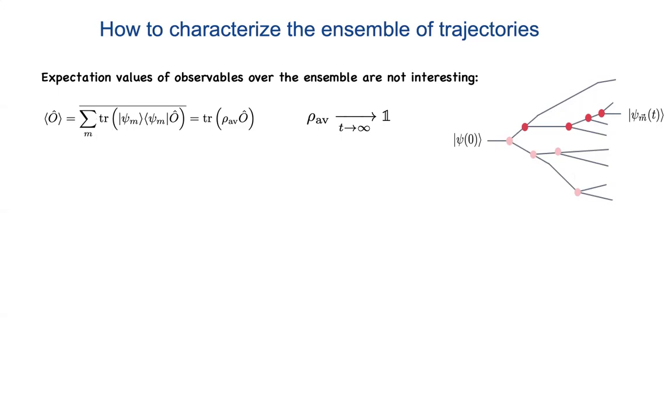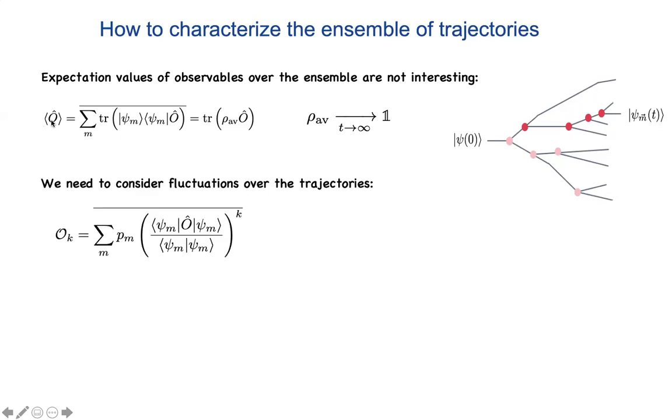If we discard the measurement outcomes, we get a quantum channel, and since measurement operators are Hermitian, this channel is unital. In steady state, the average density matrix is essentially the identity, so all the expectation values of operators are trivial. They're what they would be at infinite temperature. So there is no real interest in this average of observables.